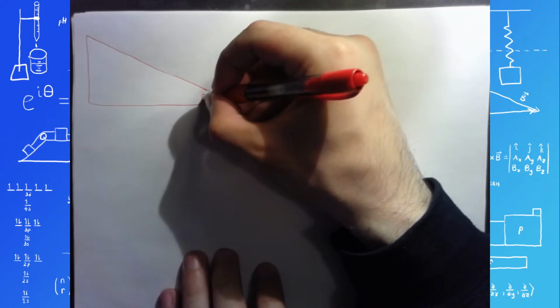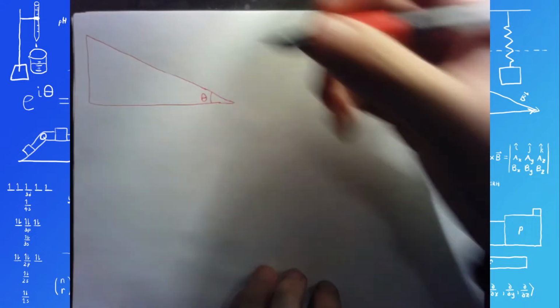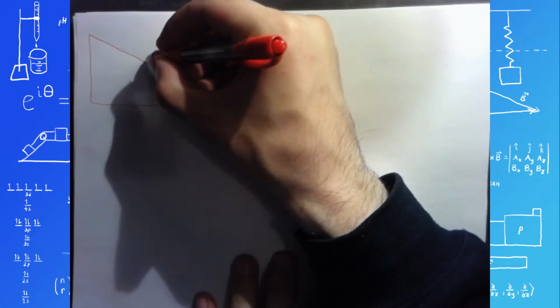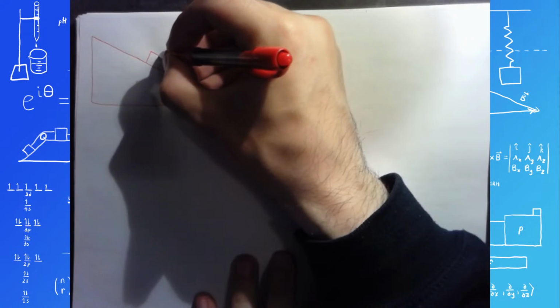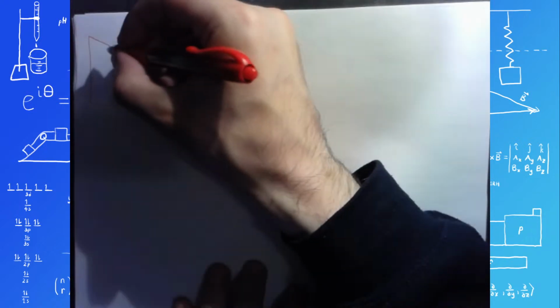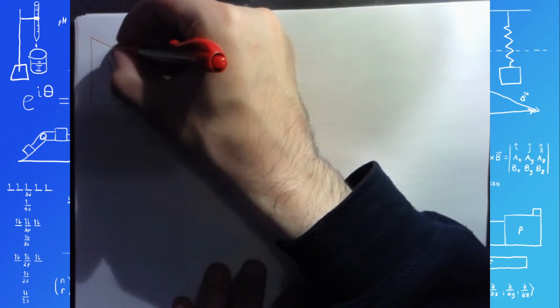It's going to be at some angle, theta. And we're going to have typically an object, sometimes multiple objects, over here. Sometimes the incline will have friction, and other times it will be frictionless. In the example we saw, there was friction, so let's go ahead and stick with what the example gave us.